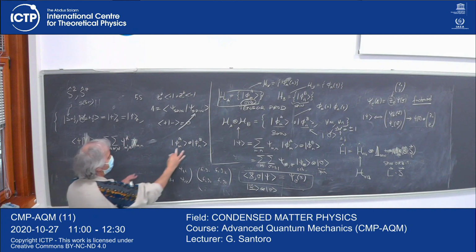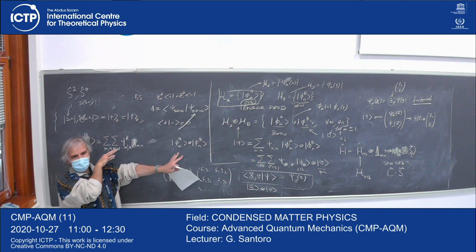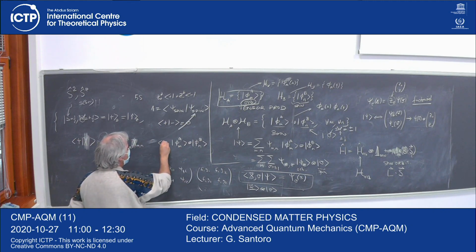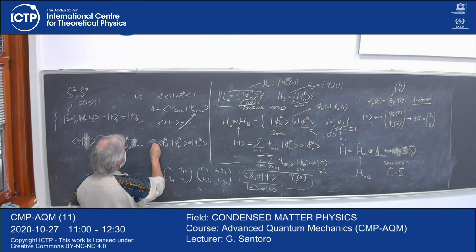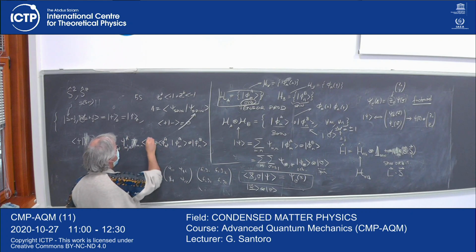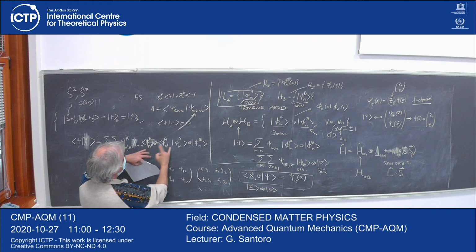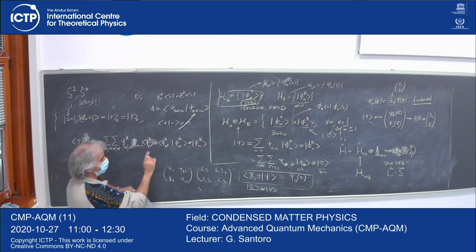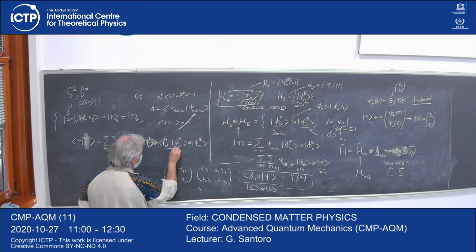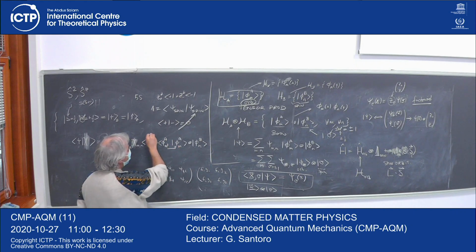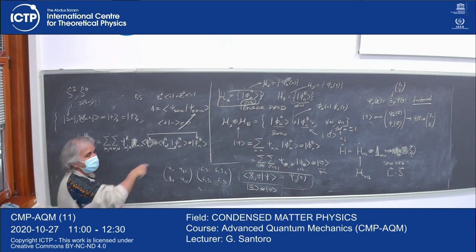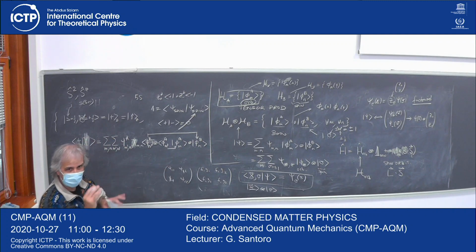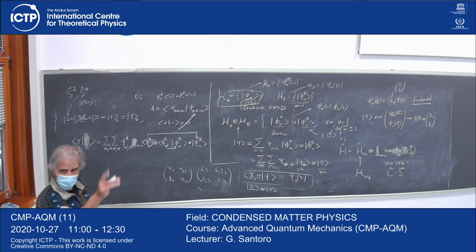And then I have these two objects in the bra, so I have phi a of m prime and phi b of n prime. This is the same element, but just made in the bra. Notice that I wrote it in such a way that this looks at its partner in A, and this looks at its friend in B. It's a little bit farther away on the board, but for him, it's just a close friend. So A with A, B with B.